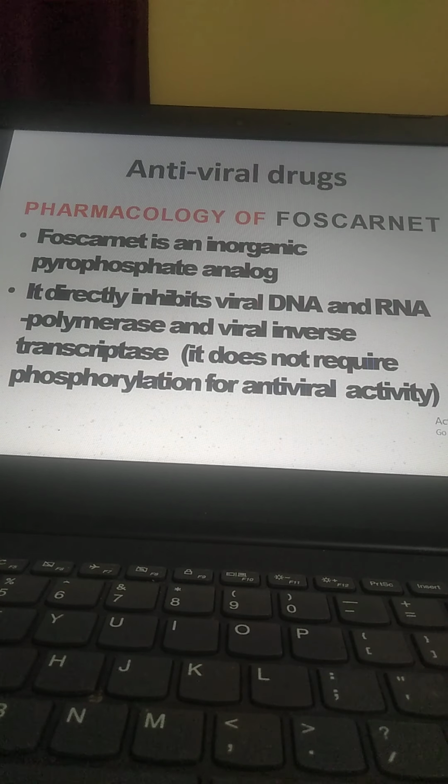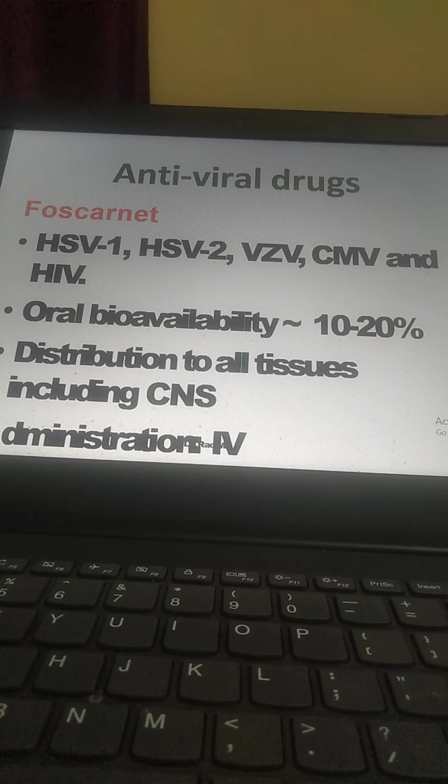So it directly inhibits the viral DNA and RNA, so it can be used against DNA viruses or RNA viruses. Foscarnet is used for HSV1, HSV2, VZV, CMV, and HIV. Oral bioavailability is 10 to 20%. Distribution to all tissues, including CNS, and administration is through IV also.